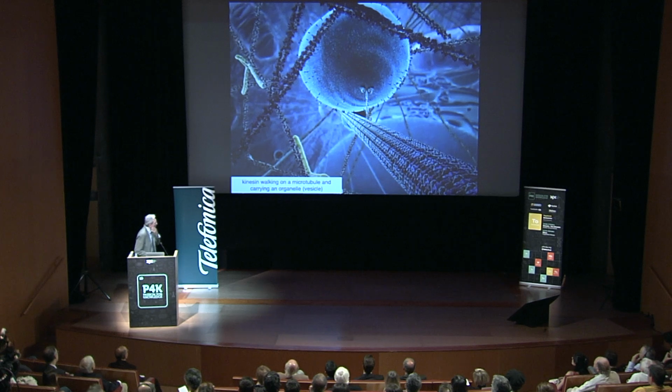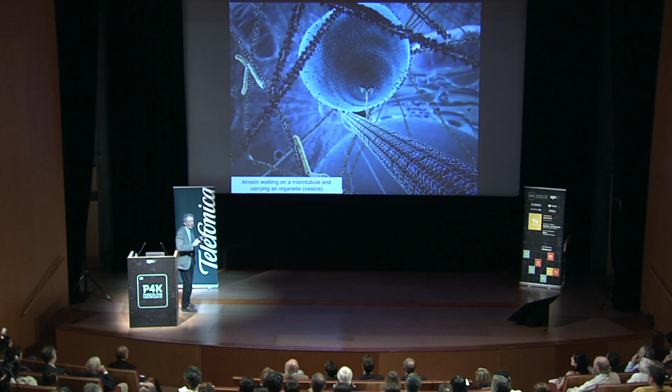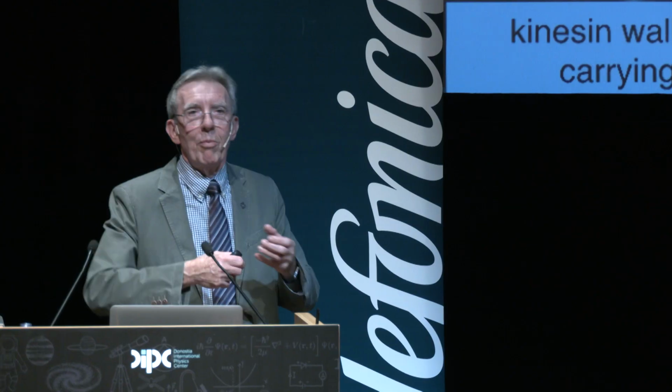Another example, which is perhaps even more spectacular, is a video which was made by biologists at Harvard. This is the kinesin. So we can easily imagine that in the cell, there are factories making molecules at some places in the cell, making even very complex molecules. And these molecules have to be dispatched.